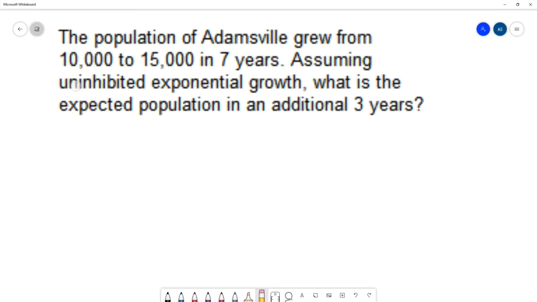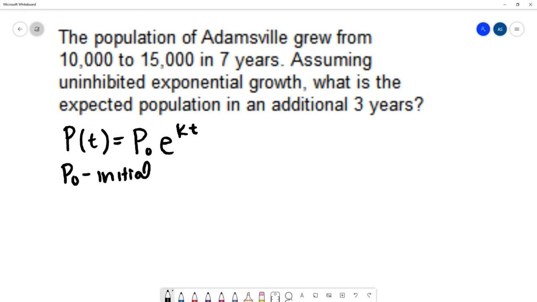So we have this sentence that says, assuming uninhibited exponential growth. That will tell us the formula that we're using. So we'll use the formula P of t equals P naught e to the kt. So P naught, that is our initial population.